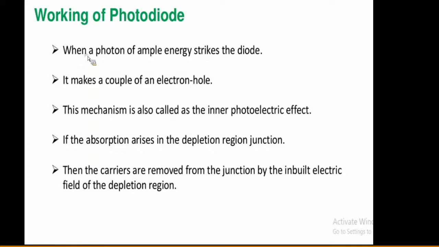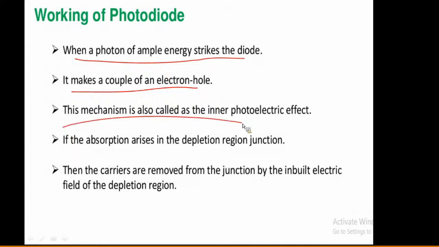Now, what is the working of a photodiode? When a photon of ample energy strikes the diode, it makes an electron-hole pair. This mechanism is called the inner photoelectric effect. If the absorption arises in the depletion region, the carriers are moved from the junction by the inbuilt electric field in the depletion region.